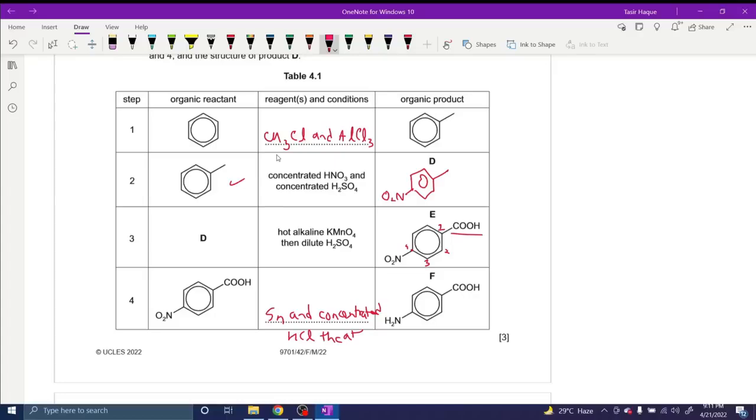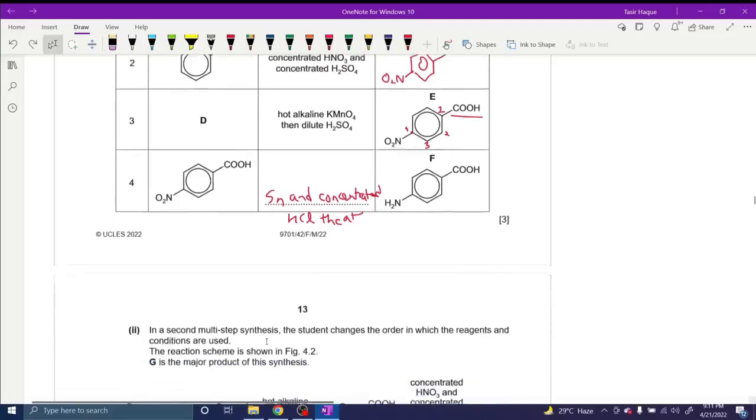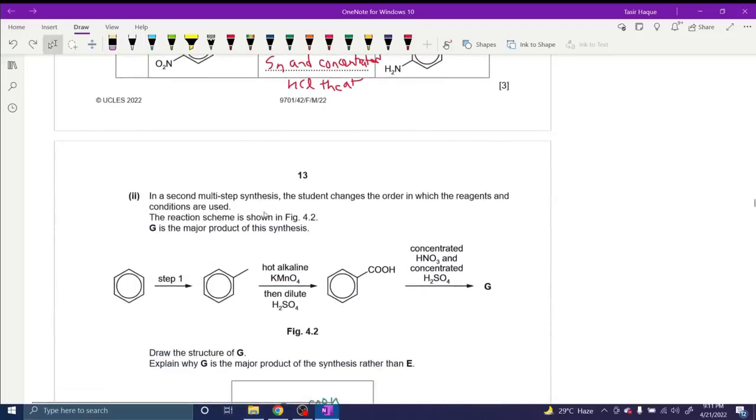So the nitro group would either go into the 2 or 4 position, right? However, now when we're producing compound G, we have the COH group in the ring initially. So how does this differ from that scenario? We're going to end up with a compound that is going to have the nitro group in another position, either the 3rd or 5th position. Why is that? Because the COH group is electron withdrawing in nature, right?